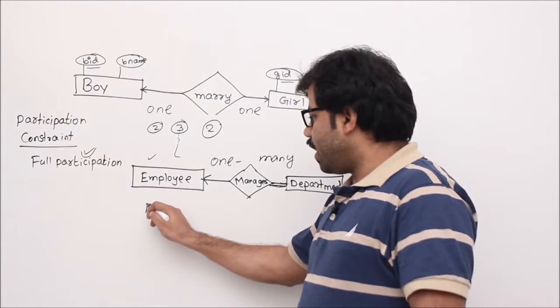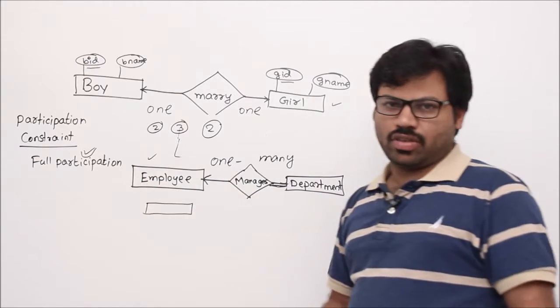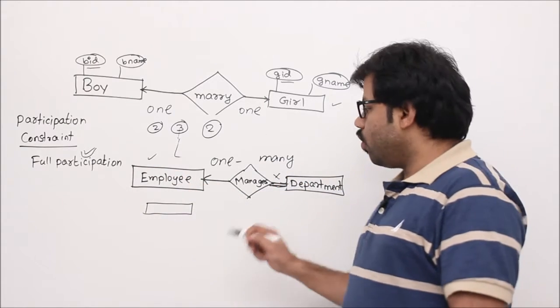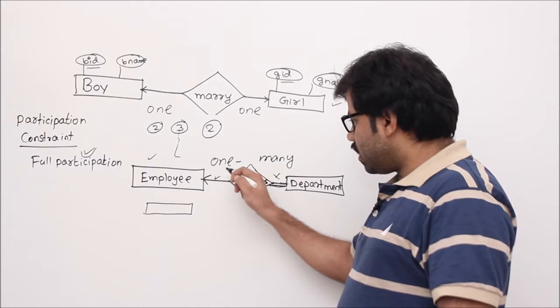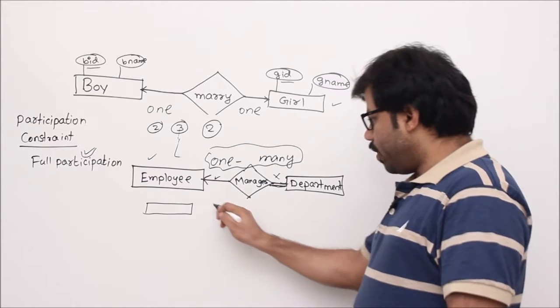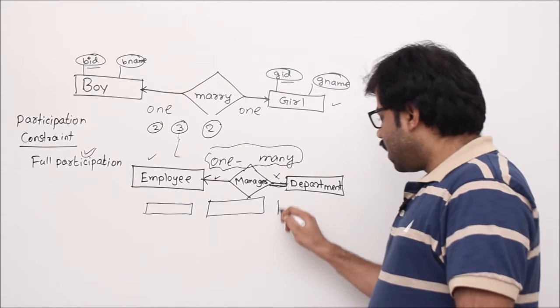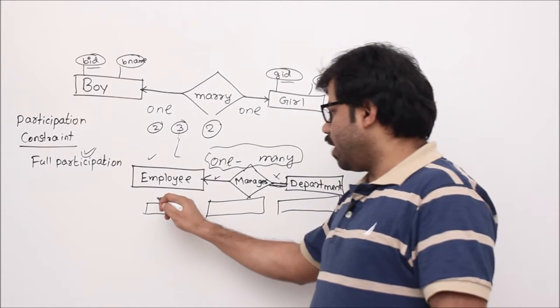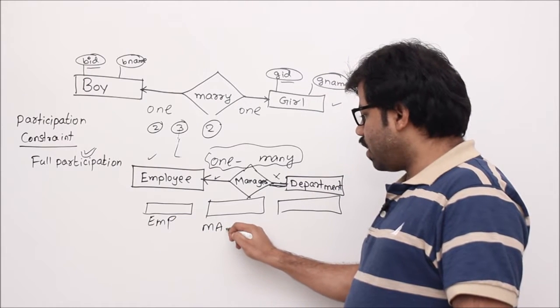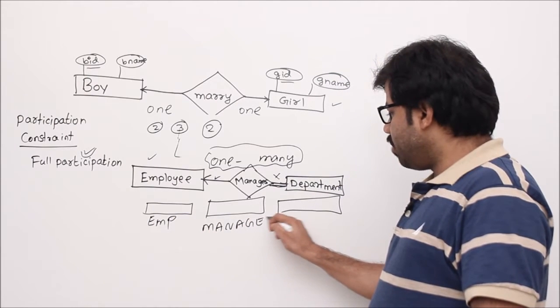So for that, first of all, we try to create the tables without worrying about this full participation constraint. We just try to capture the one-to-many relationship. For that, there are two methods. Method number one, create three tables. One is the employee table, second one is manage, the relationship table, third one department.